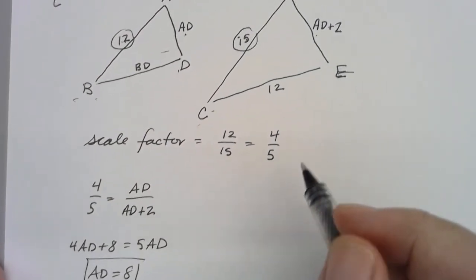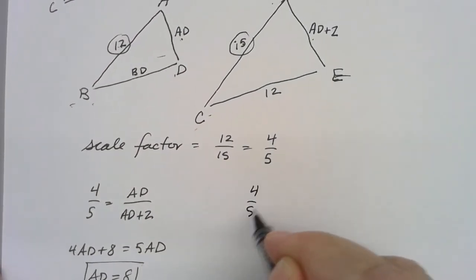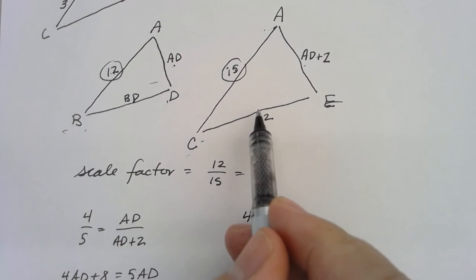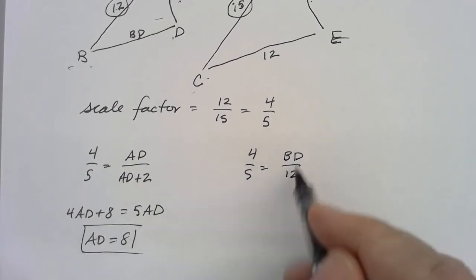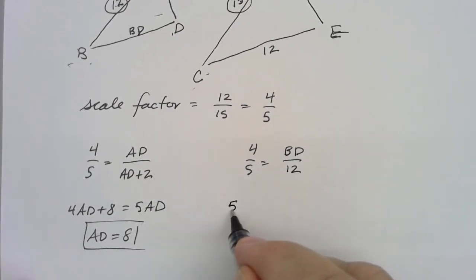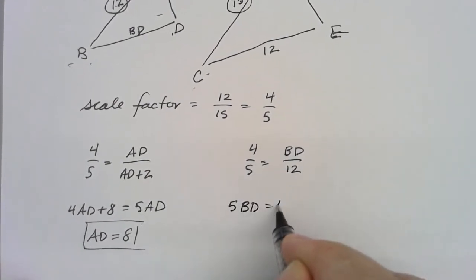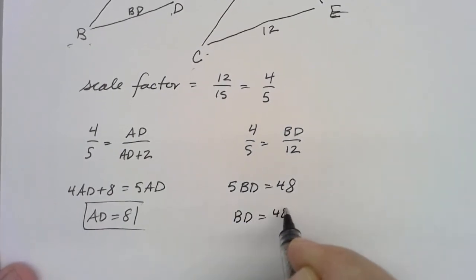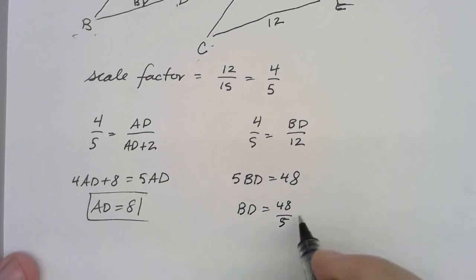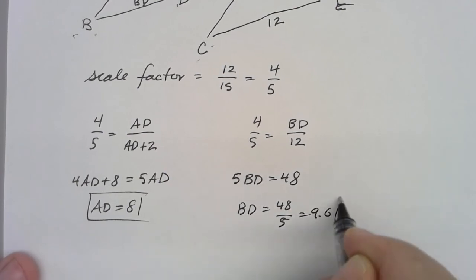And then my other one, BD and 12. BD is the shorter, so it goes on the top, 12 goes down here. Cross multiplying this, I get 5BD equals 48. BD is 48 divided by 5, which is 9.6.